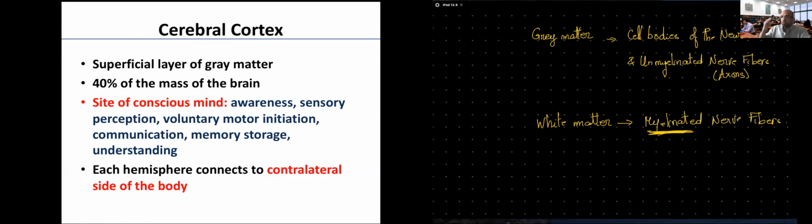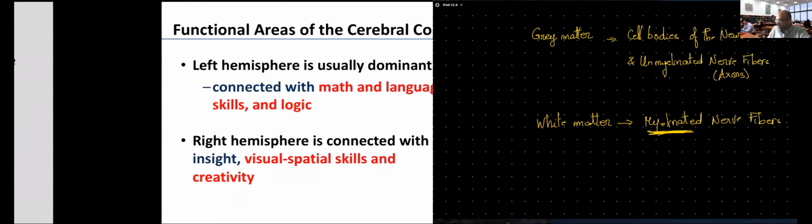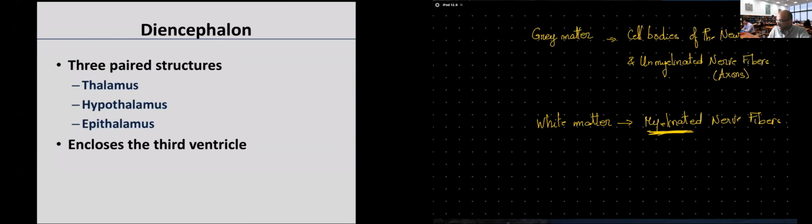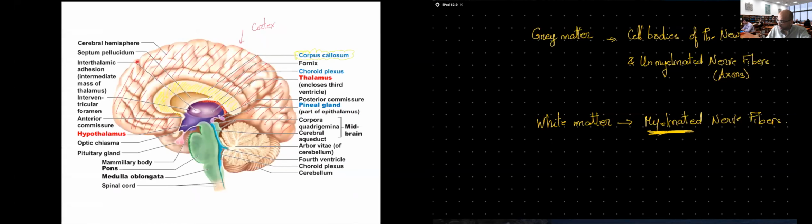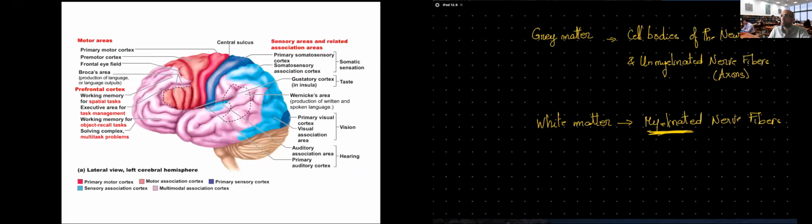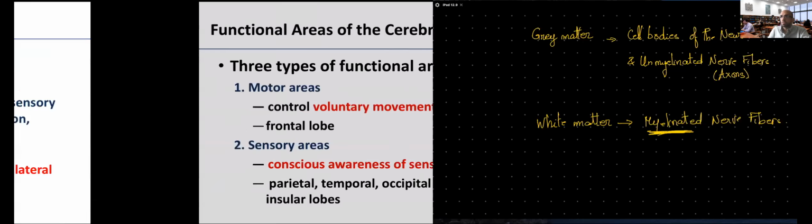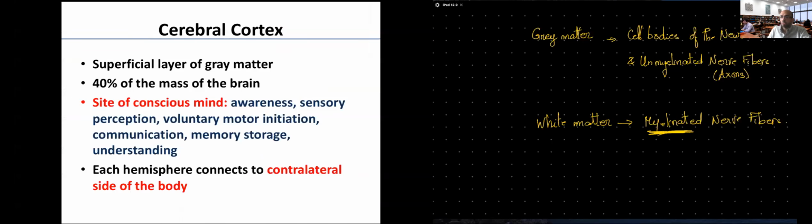What is the importance of the cerebral cortex? This outer part of the cerebrum, all this. This is your conscious mind. It's going to be responsible for awareness, sensory perception, and voluntary motor movement.